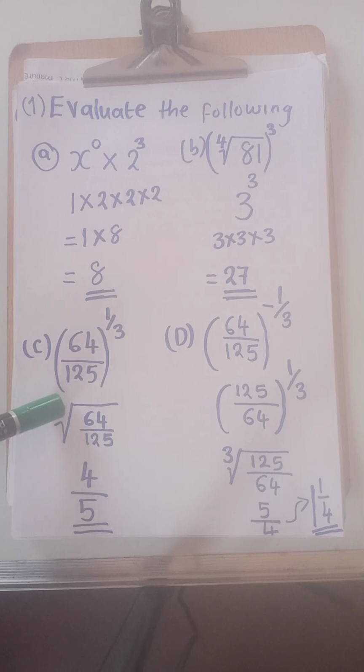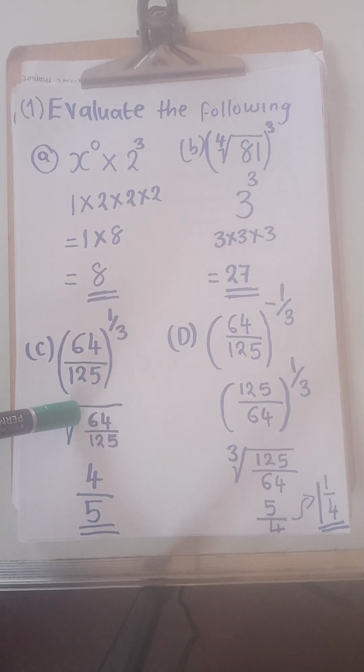So this 3 is telling you, look for a number. When you multiply it 3 times, you have to get 64. And which number is that? It's 4. So if you multiply 4 3 times, you should be able to get 64. Over this 3, look for a number.